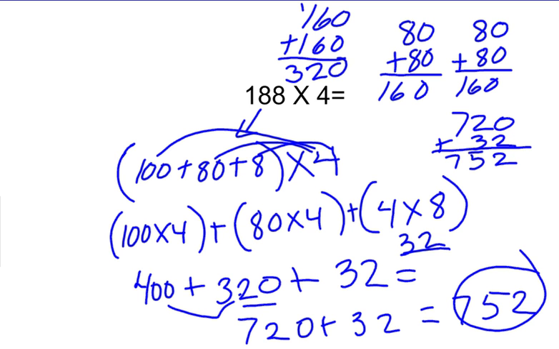So 188 times 4 equals 752. So you can see how the distributive property can be used to help kids break up larger numbers.